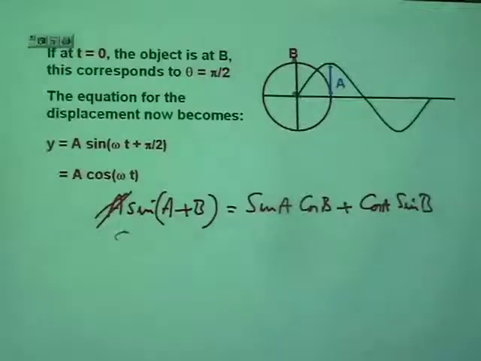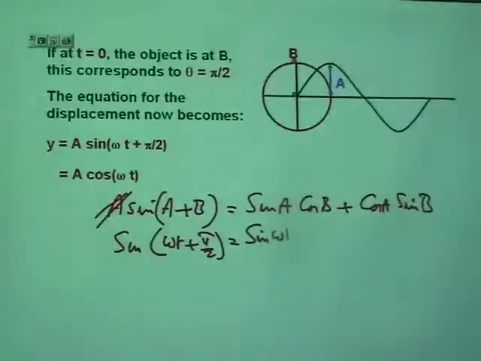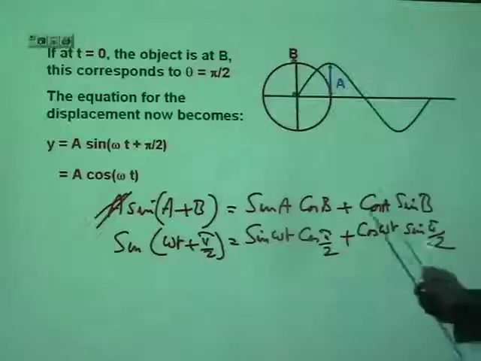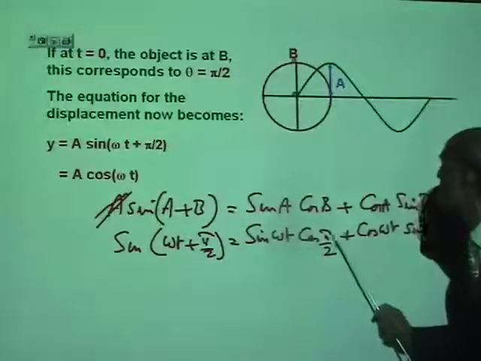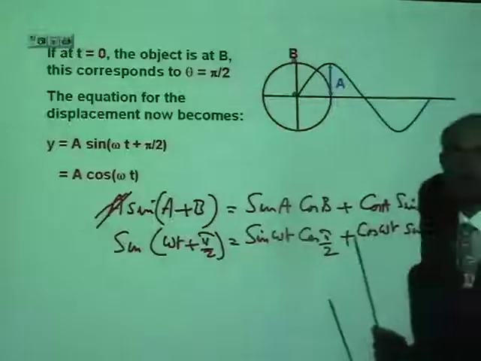That will be sine of omega t plus pi by 2 equal to sine of omega t cos of pi by 2 plus cos omega t sine pi by 2. All I did is replace a by omega t and b by pi by 2 to get this.